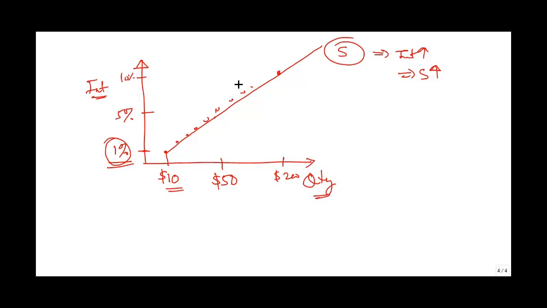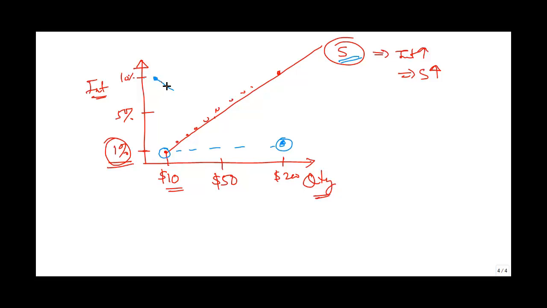On the contrary, the bank, which wants to get your money, is not interested in getting money when the interest rates are higher, but would want to get money when the interest rates are lower. So when the interest rate is 1%, they would demand a lot of money, let's say $200, but when the interest rate is 10%, they demand only $10.